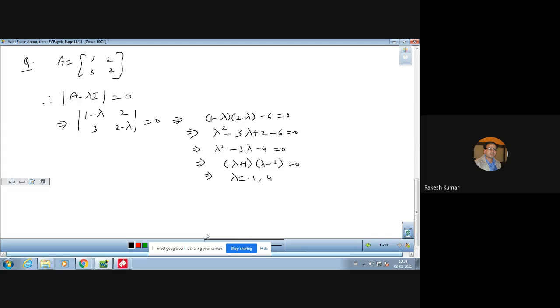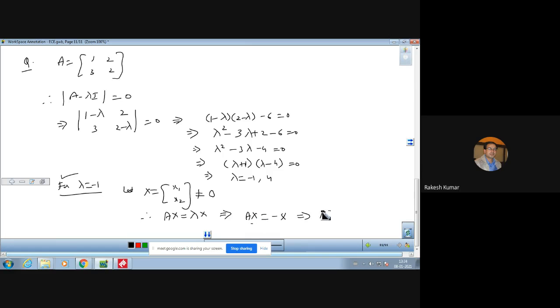Now for these two eigenvalues, let x, which is x1, x2, not equal to 0, be the eigenvector corresponding to lambda equal to -1. Therefore, we can use the equation Ax is lambda x, and this is Ax equal to minus x.